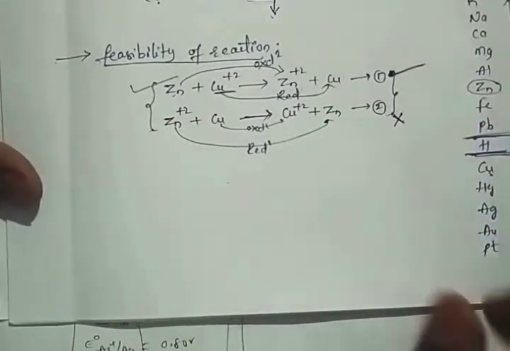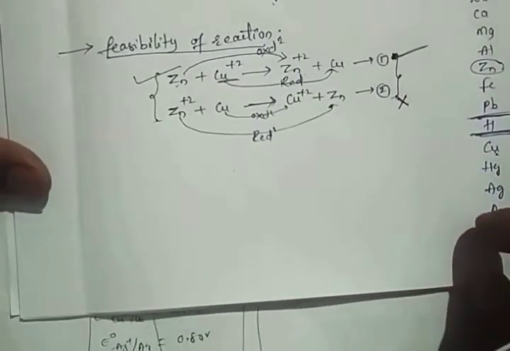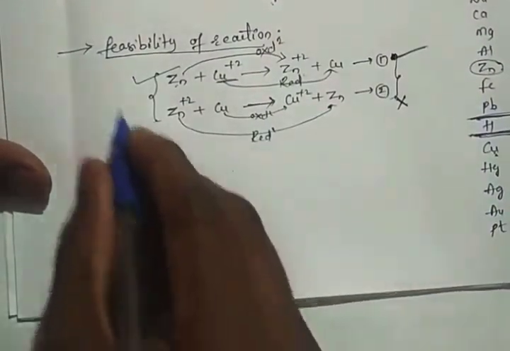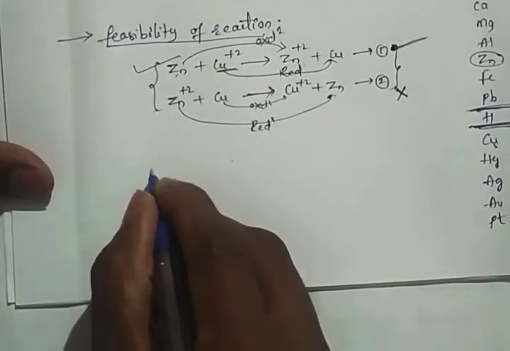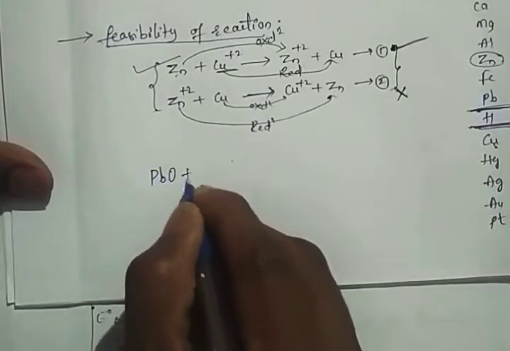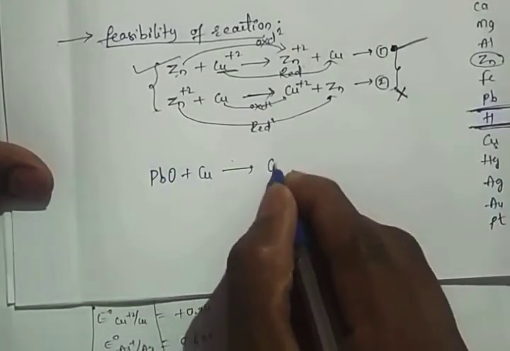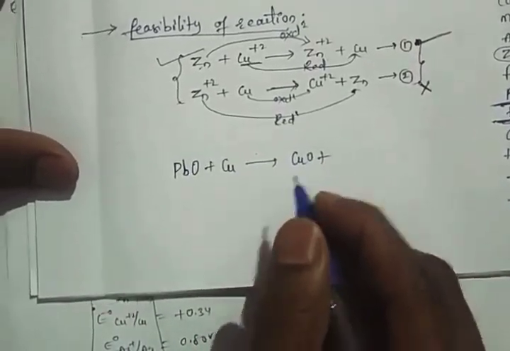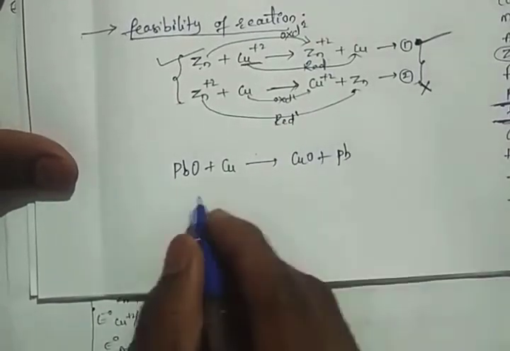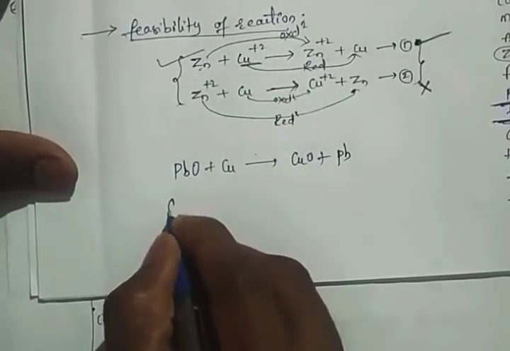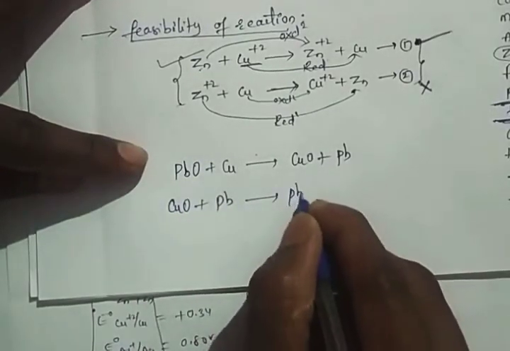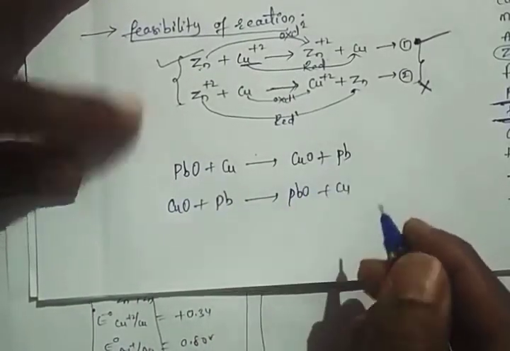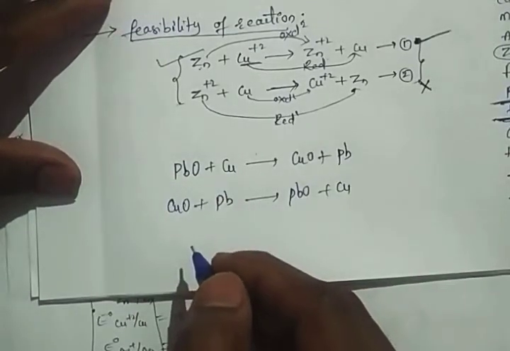Suppose, or else one more redox reaction that you have studied in previous classes: lead oxide plus copper gives copper oxide plus lead. This is one reaction, and the reverse reaction is copper oxide plus lead gives lead oxide plus copper. Which reaction is feasible among these two?